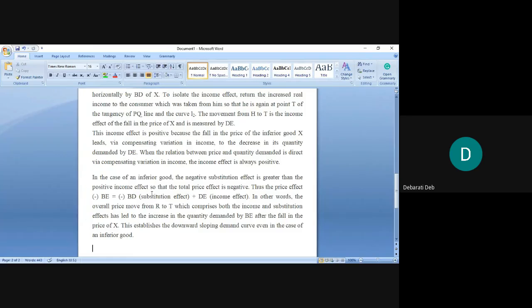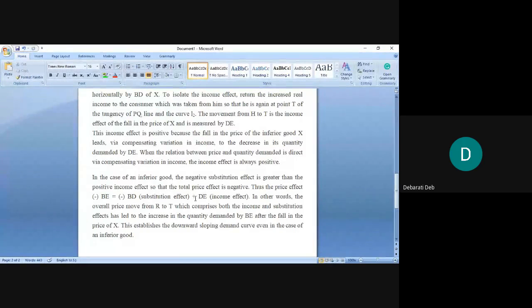It indicates that when the price of a good falls, the quantity demanded of it will increase, because people will substitute this good whose price has fallen, and the consumer will buy more of this cheaper good than the other goods. So that is why the substitution effect is negative.